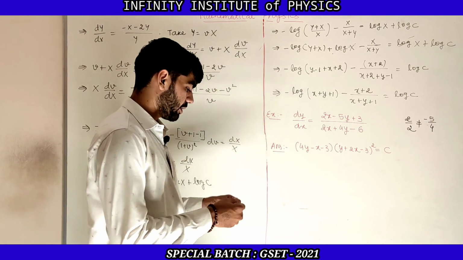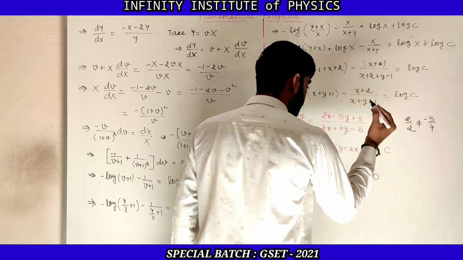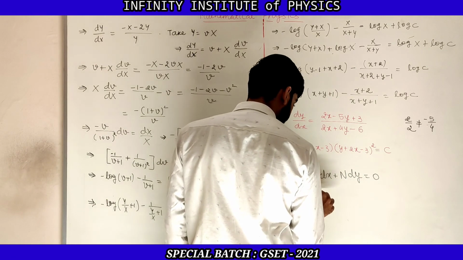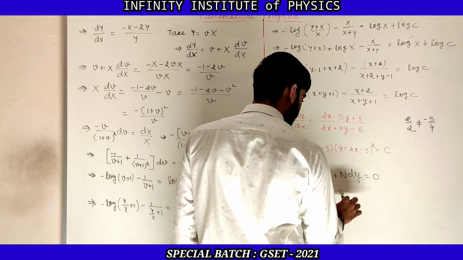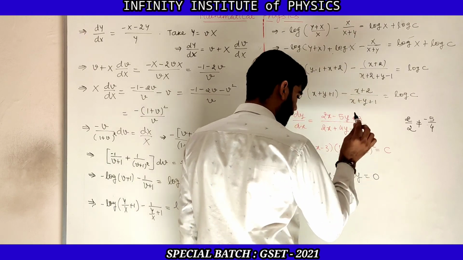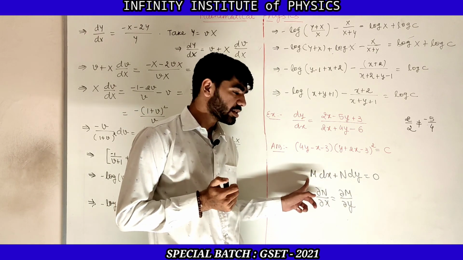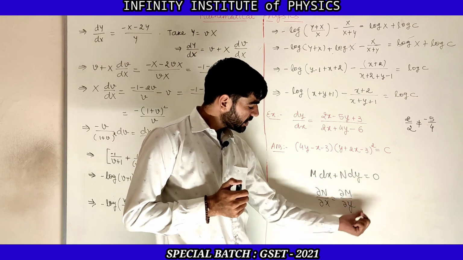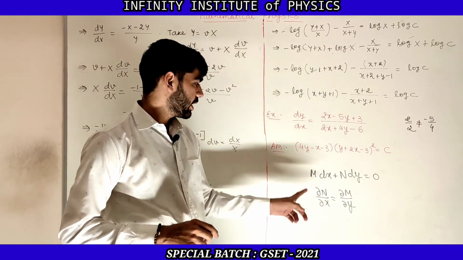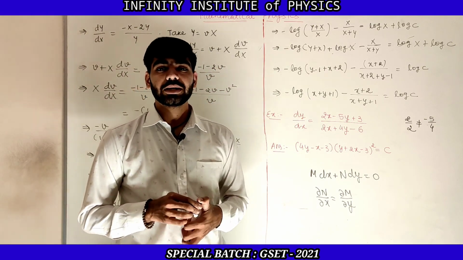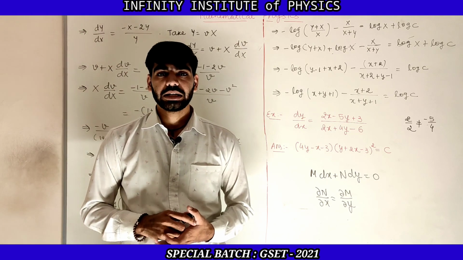If a differential equation of the form M dx plus N dy is equal to 0 satisfies the condition that del N by del x is equal to del M by del y, that means the partial differentiation of N with respect to x is the same as the partial differentiation of M with respect to y, if these two are equal, then the given differential equation is said to be an exact differential equation, and for that we can solve the differential equation to get the answer using a direct formula, and that we will study in the next lecture.